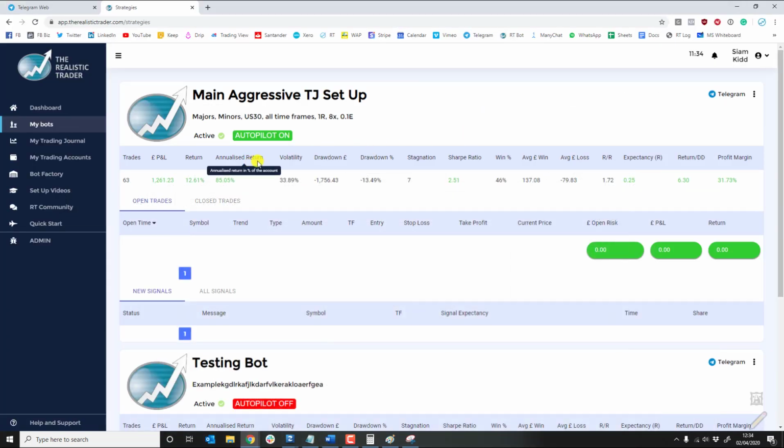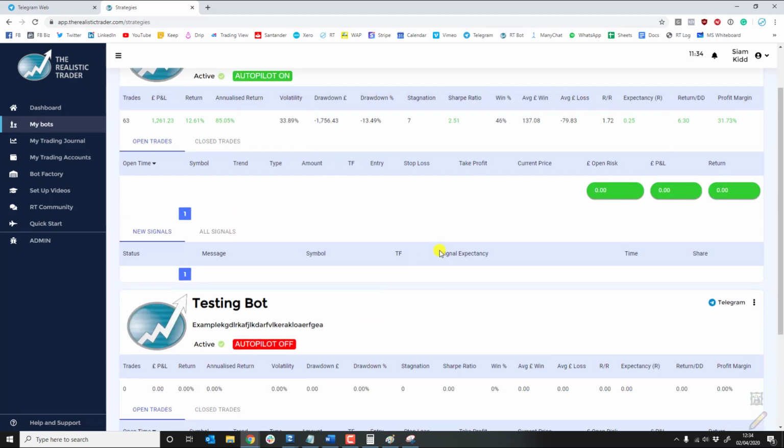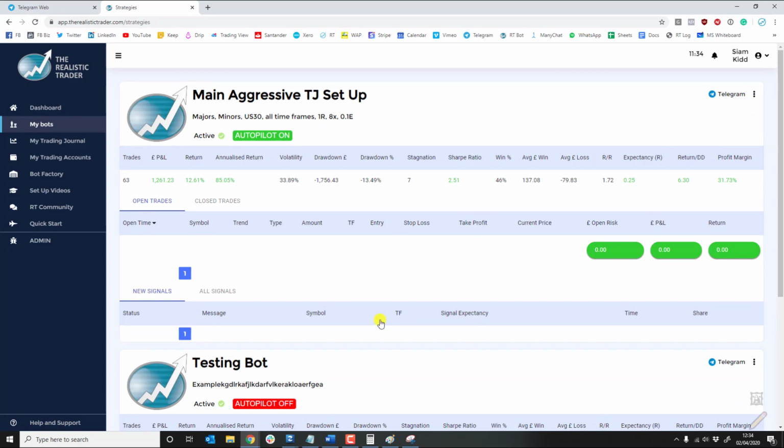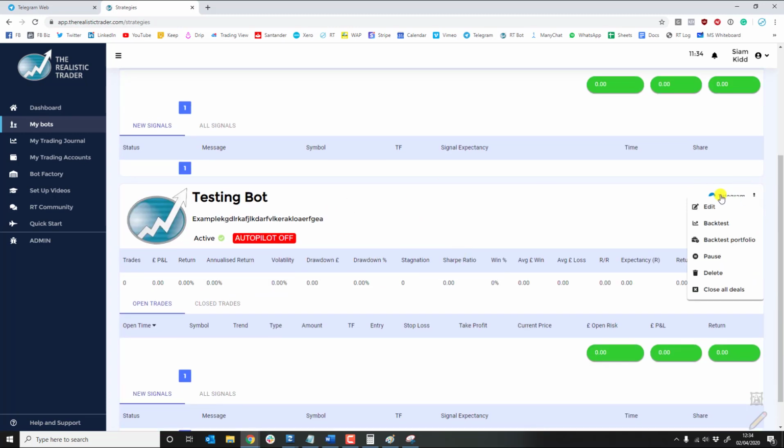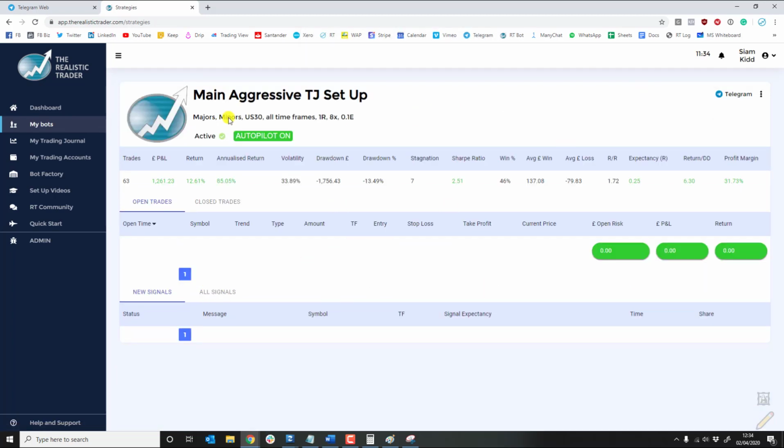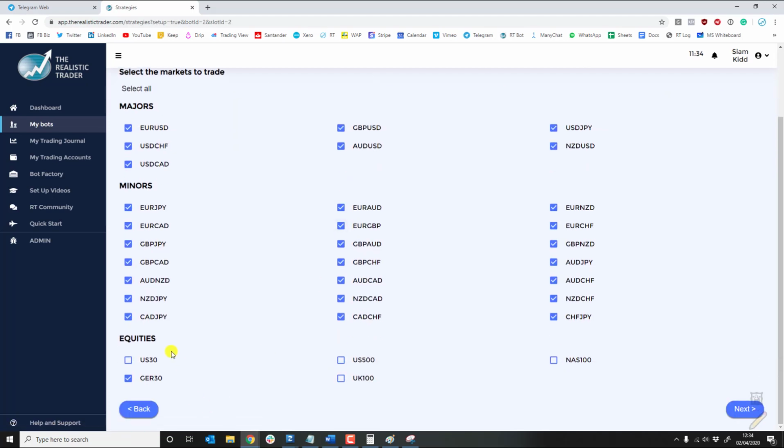And my settings, just to finish this video, is basically this. I've got all majors and minors. Actually, I need to tweak that. By the way, if you ever want to tweak a bot, you just press these three dots in the corner. For example, if I want to delete this, which I do, I'm going to delete that. So that bot's gone. And if I want to edit my setup, I just click that and go to edit.